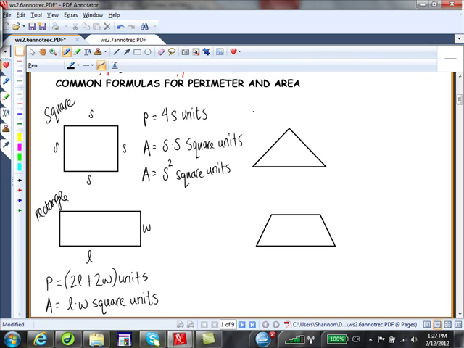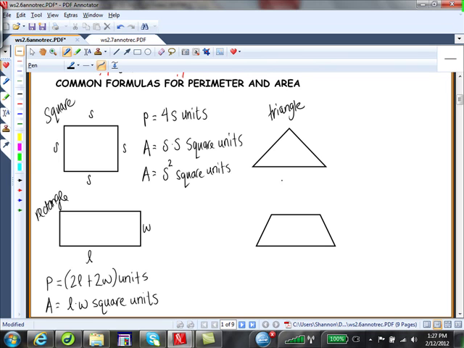All right, so next up we have a triangle. Now for a triangle, in order to figure out the perimeter, you just need to have your sides.